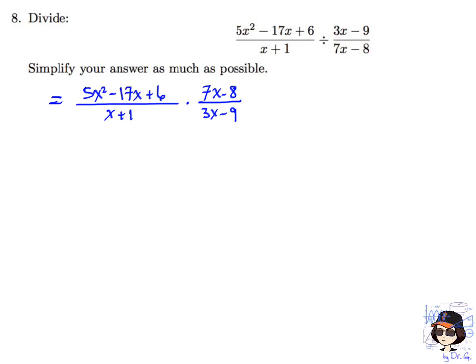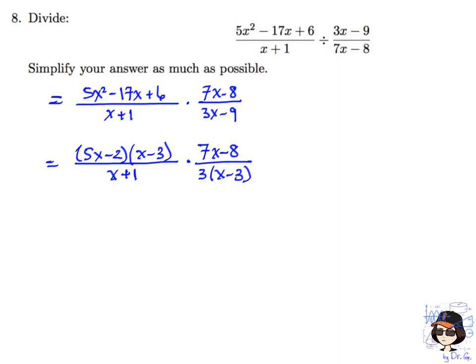So now, before we do the multiplication, we always want to factor and cancel. So factoring 5x squared minus 17x plus 6, we get 5x minus 2 times x minus 3. Then 7x minus 8 can't be factored, so we have to leave that one alone. 3x minus 9 is 3 times x minus 3.